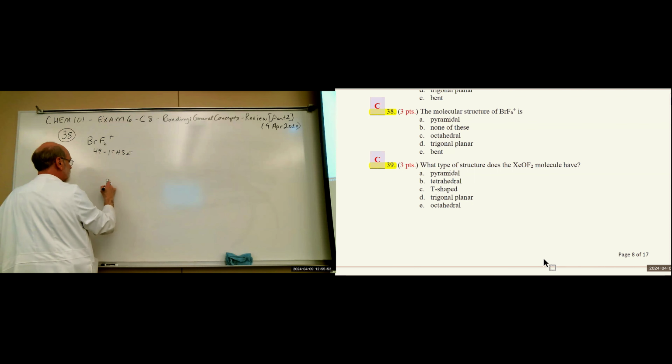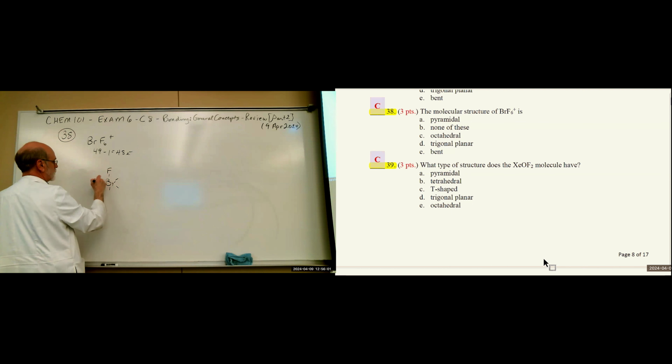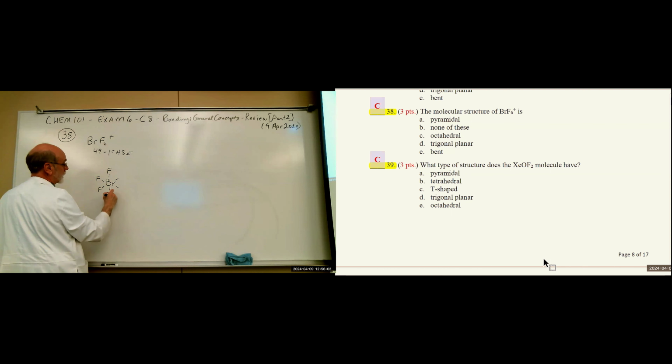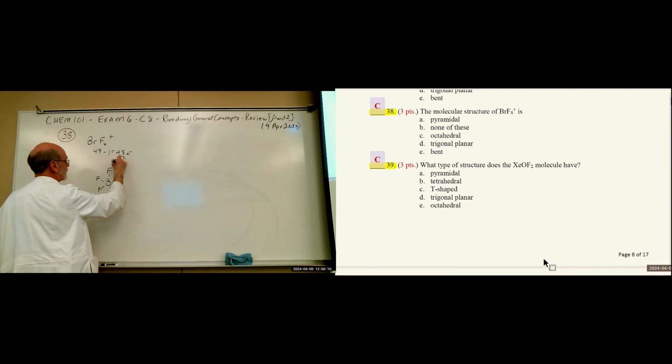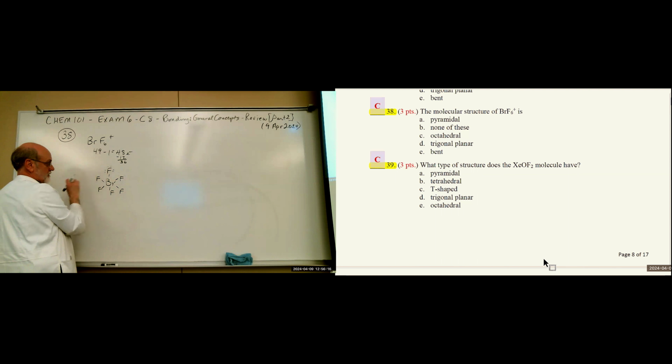Now we put the Br in the middle. 1, 2, 3, 4, 5, 6. There we go. Fluorine. So it's 2, 4, 6, 8, 10, 12. 36. 2, 4, 6 to make an octet.